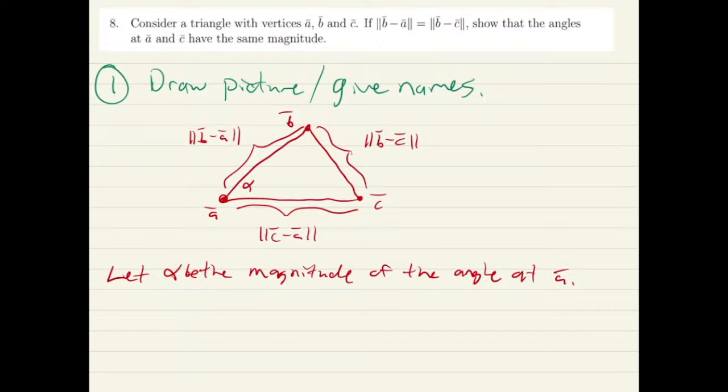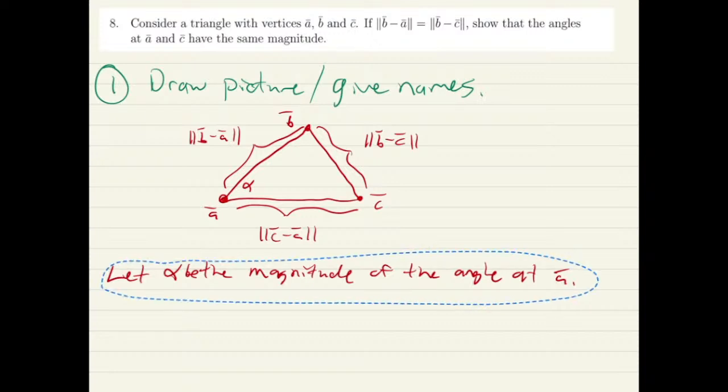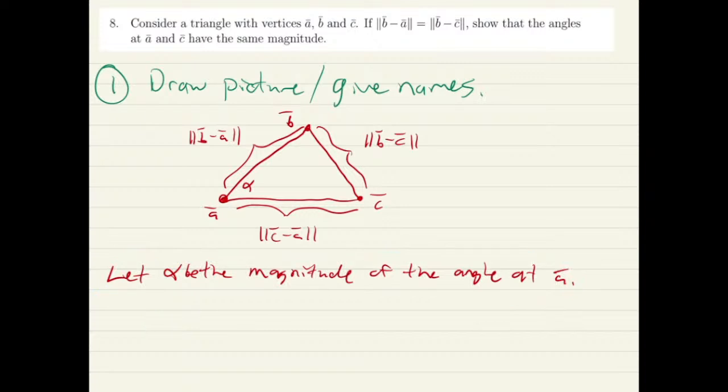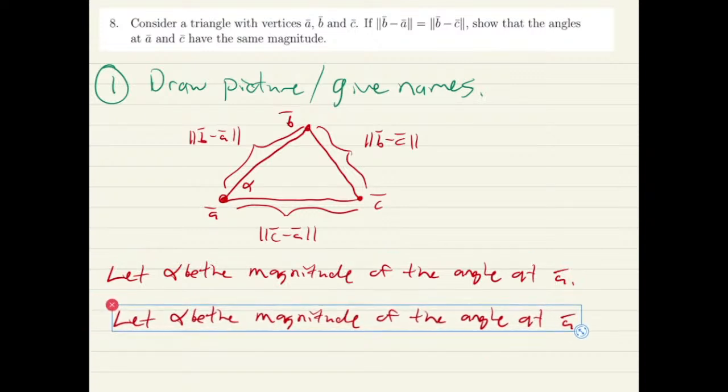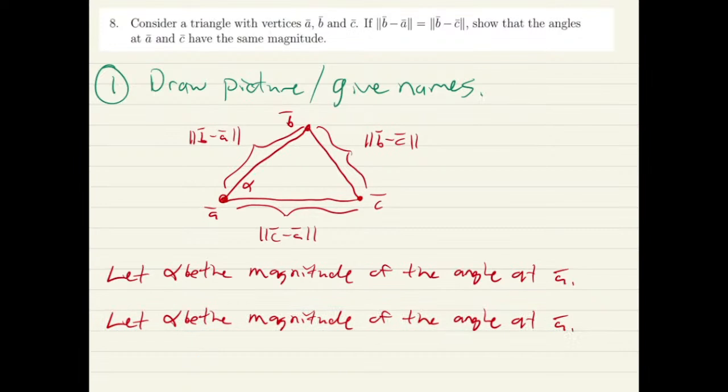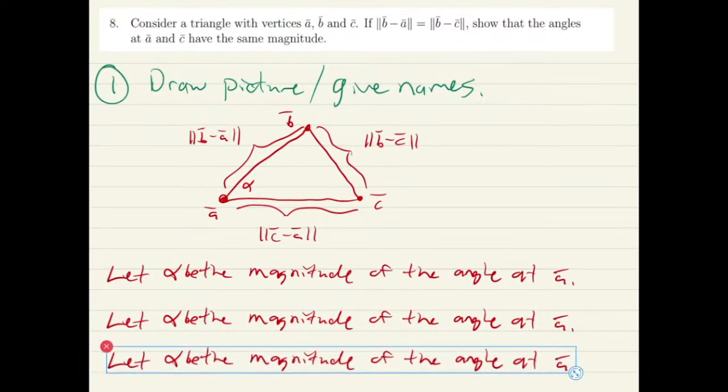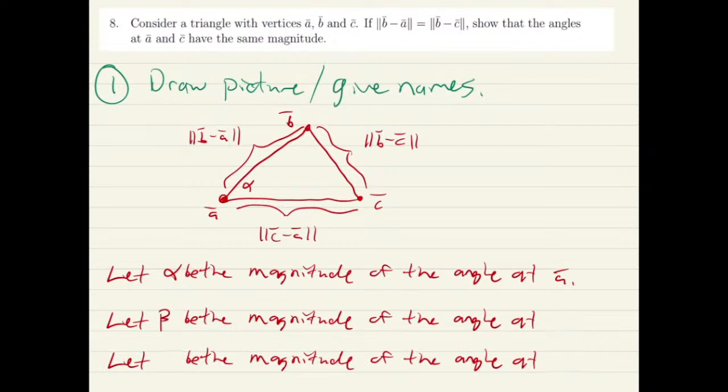Okay, I'm going to cheat, and I'm going to copy and paste, so I don't have to write this out 3 times. But we've got 3 angles, so let beta be the angle at B. Call that beta, that makes sense. And then gamma, we can make that the magnitude of the angle at C.